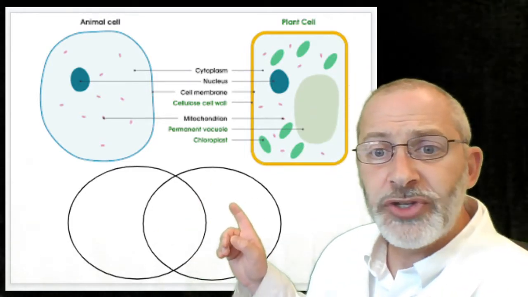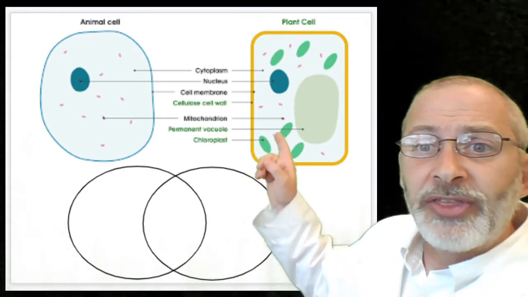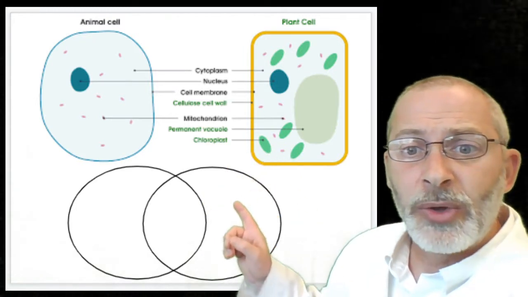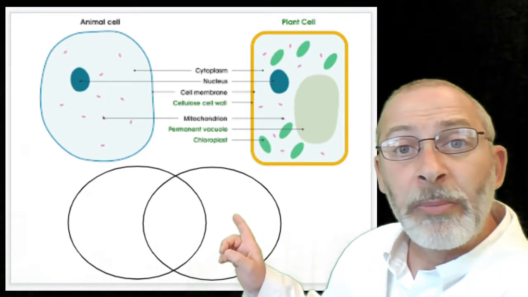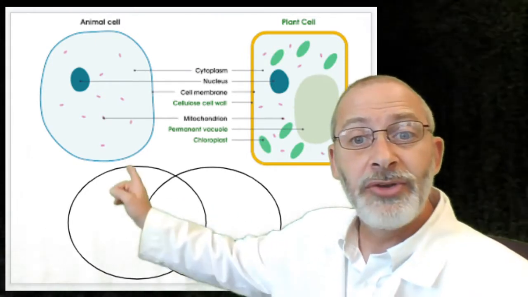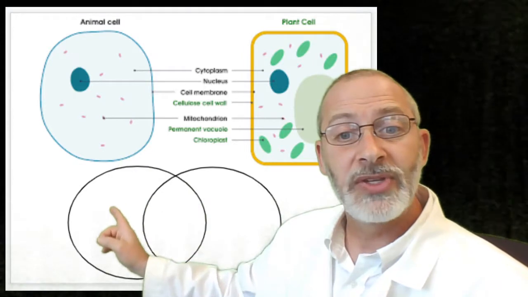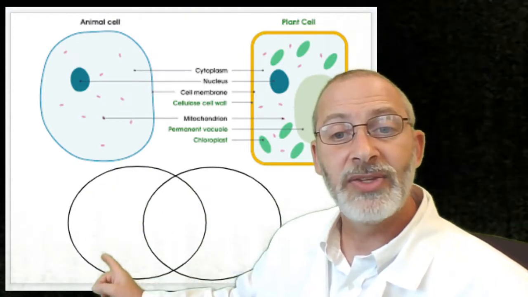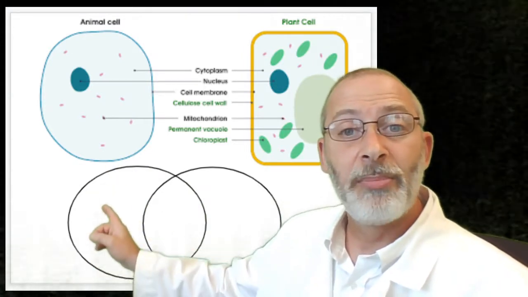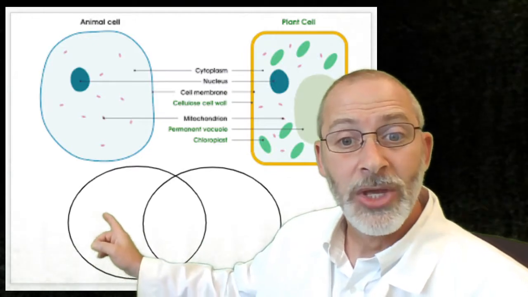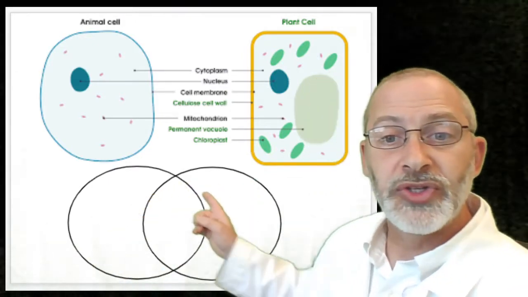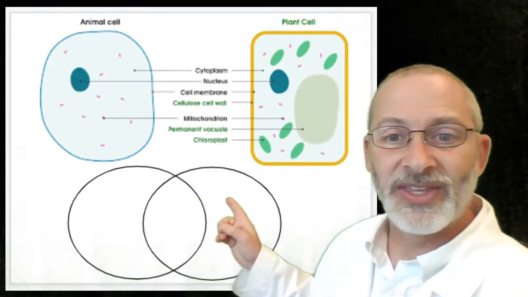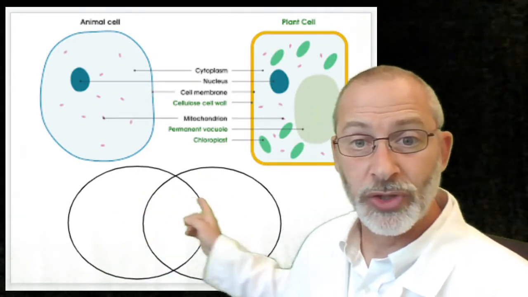In the first circle, which is underneath the plant cell, you're going to be listing some things that are unique among plant cells. And under the diagram of the animal cell, you're going to list some things that are unique about animal cells. So the two outer portions of the circles would be the contrast, the differences between the two.